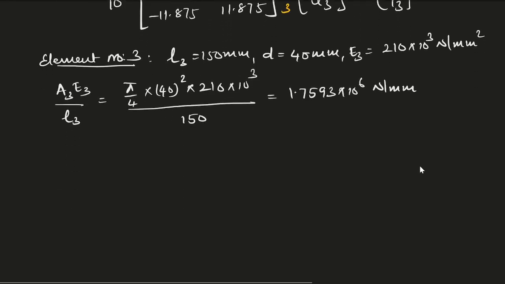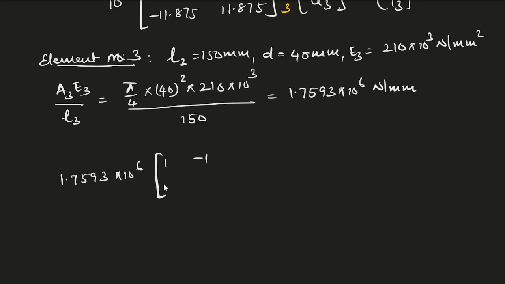Again, 1.7593 into 10 power 6, with the matrix 1 minus 1, minus 1, 1. Now it is the third element. The third element is lying between 3 and 4, so here U3 and U4, equal to P3 and P4.